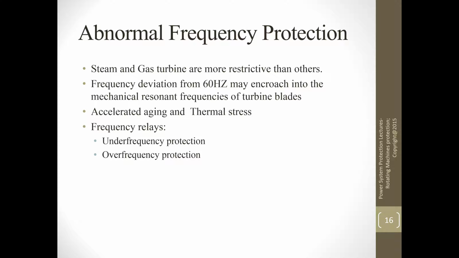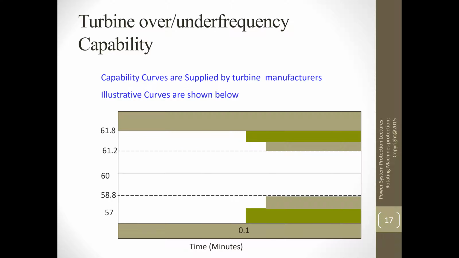Accelerated aging and thermal stress is very common on the rotors, on the turbines, and that is why you set under frequency protection. Over frequency is more of a mechanical matter, and they can use either electrical or overspeed devices that take care of tripping the generator. The curves are given here by the manufacturers. These are called capability curves for turbine over and under frequency.